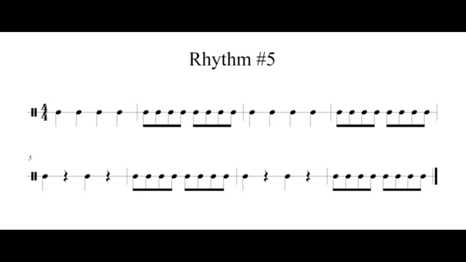Remember, we'll be playing at 80 beats per minute, and the piano will be playing an A if you wish to match notes. 1, 2, ready, play. And that's all there is to it.